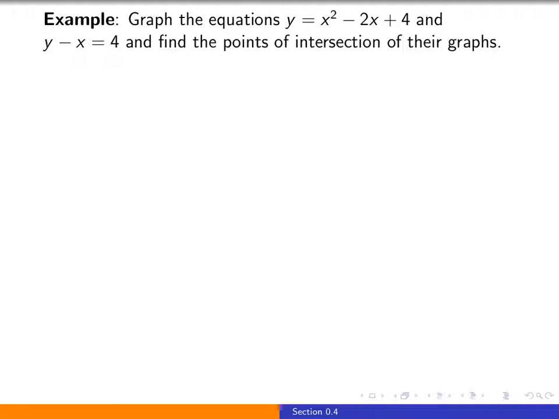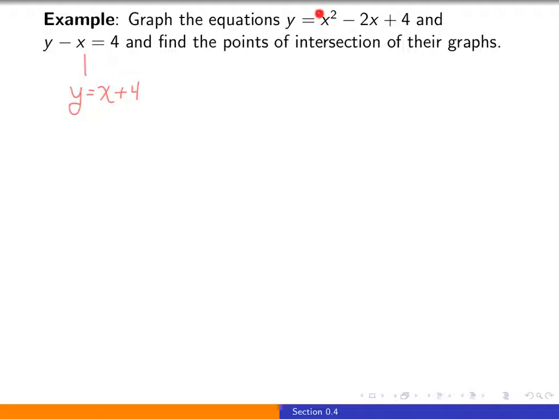For a second example, let's graph the equations y equals x squared minus 2x plus 4 and y minus x equals 4, and find the points of intersection of their graphs. So let's think from an intuitive perspective here. y minus x equals 4 is a line with y-intercept 4 and slope 1. y equals x squared minus 2x plus 4 is a quadratic function.